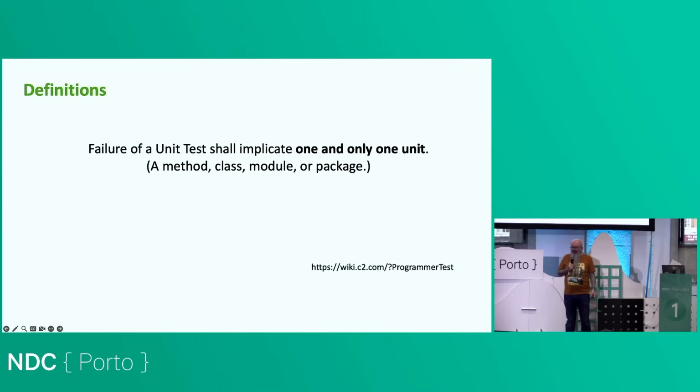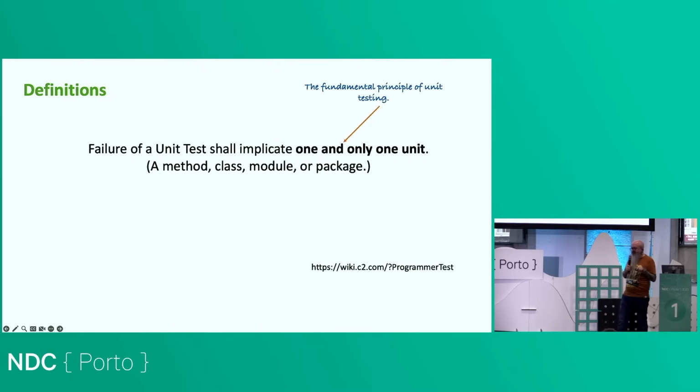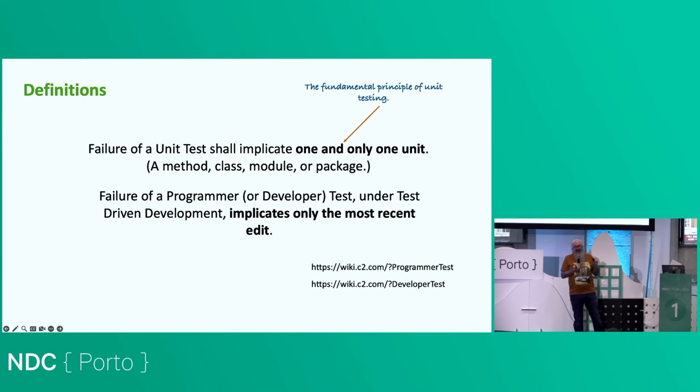Okay. So this is the definition, effectively, of a unit test: failure of a unit test shall implicate one and only one unit, a method, class, module, or package. So unit tests do defect localization via substitution. This is the definition of a programmer or developer test that you use in test-driven development: failure of a developer test under TDD implicates only the most recent edit.